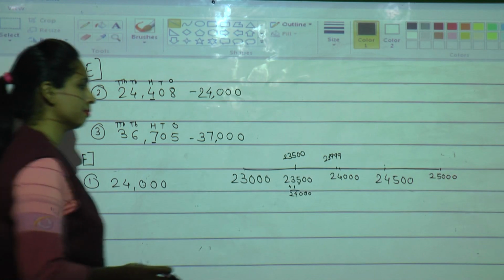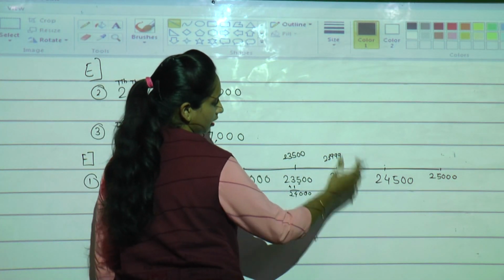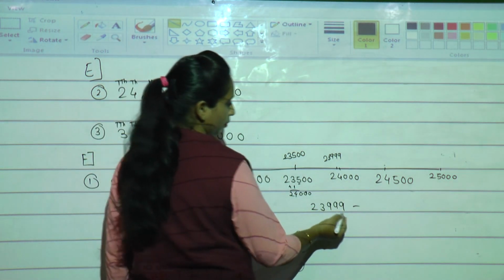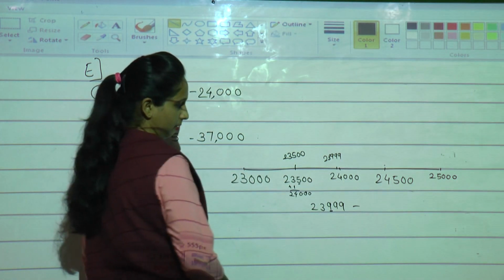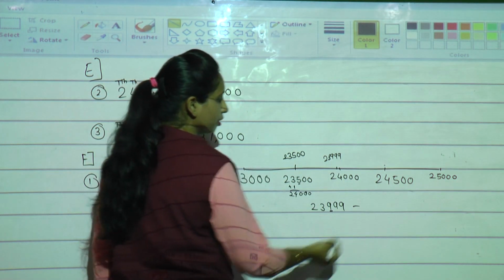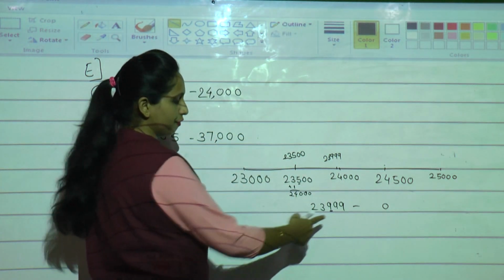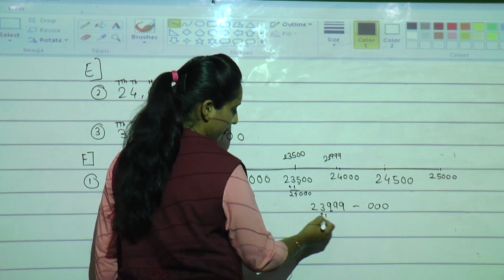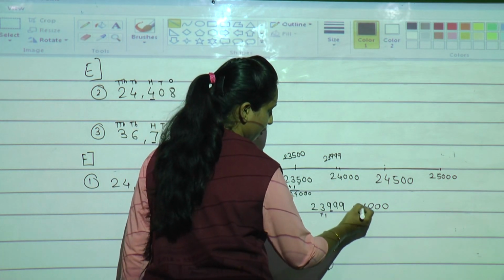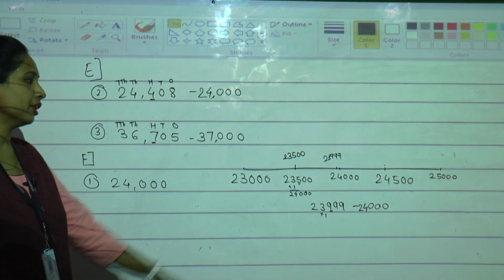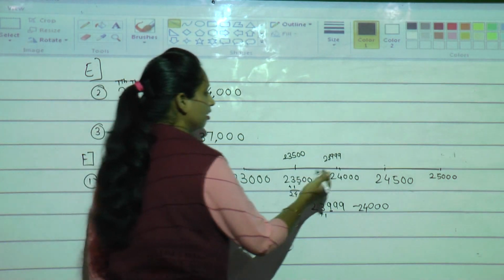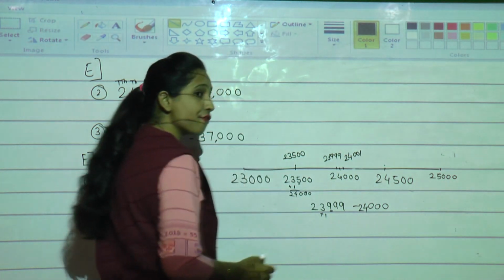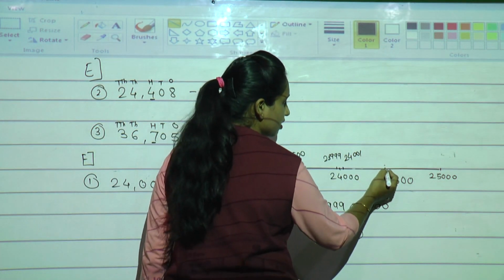Till here all the numbers can be rounded to 24,000. Let us see 23,999. What is in the hundreds place? 9. So what do we have to do? If it is 5 or more, and of course 9 is more than 5, place zeros at the ones, tens and hundreds places and add 1 to the thousands place. 3 plus 1 is 4. So it can be rounded off to 24,000. And after 24,000 it starts here, 24,001. From there, where will it stop?